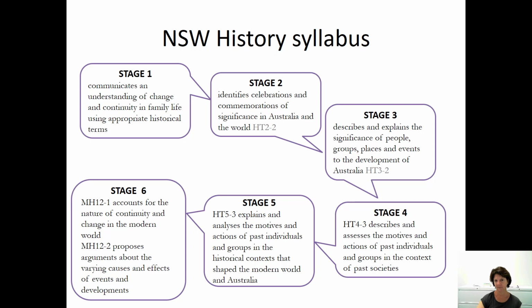So if you were a history teacher, which I know none of you are going to be, you would need to be thinking about, as you're looking at the history syllabus, the sort of literacy that would need to underpin these sorts of activities. So as you're looking at your syllabus for your subject area, if you're tracing through particular concepts or particular strands, you might be looking at the sorts of words that are used to describe your syllabus steps, to think about what would be asked of students.